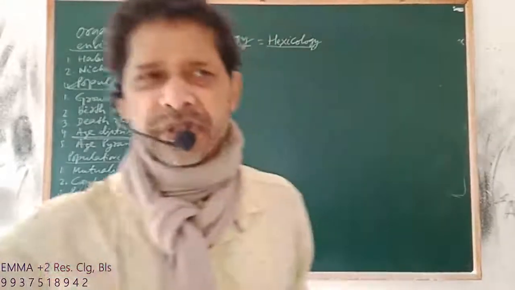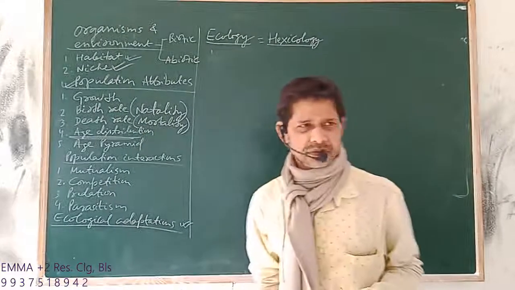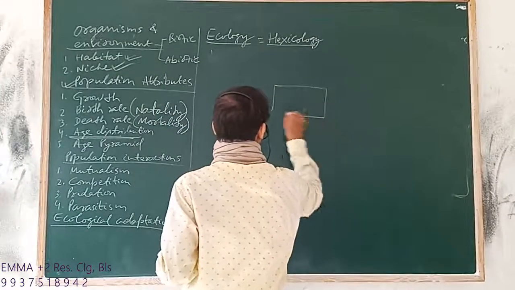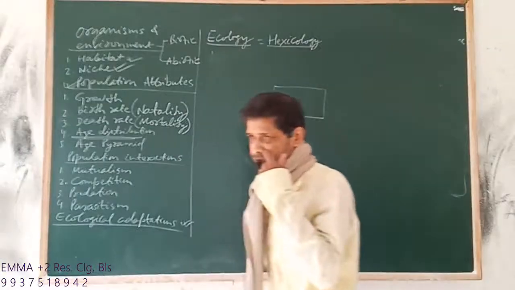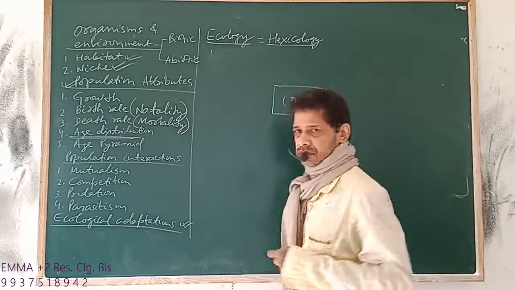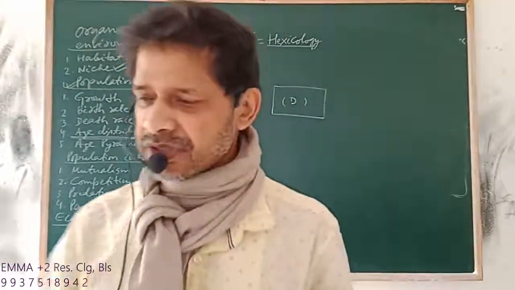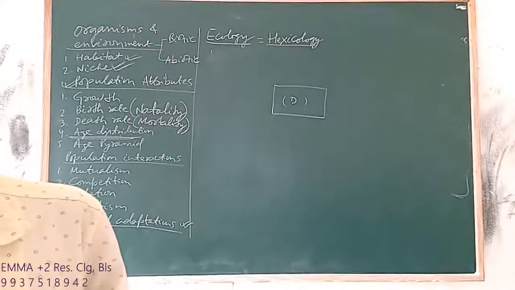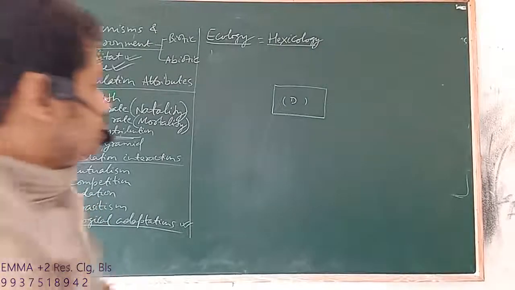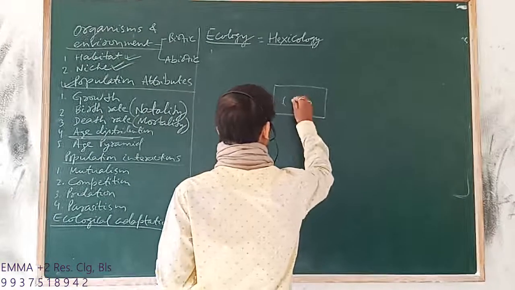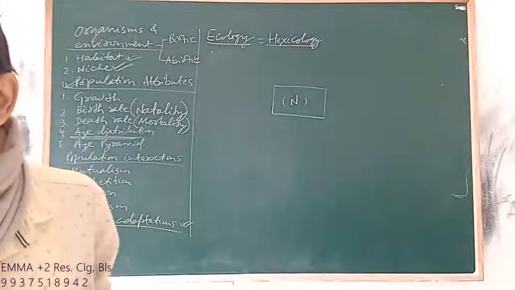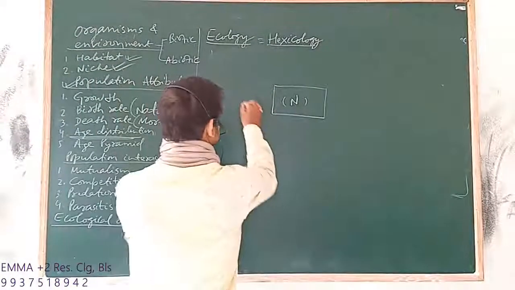All of you know population is a group of individuals. So suppose this is the population density. Population density can increase or decrease. So population density, symbol N, will increase by 2 factors.